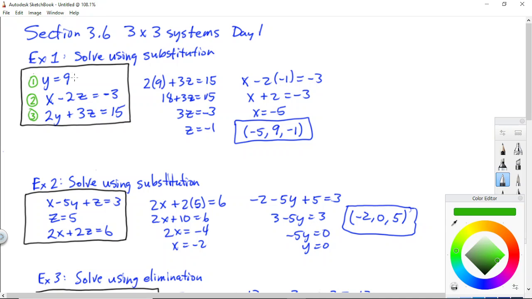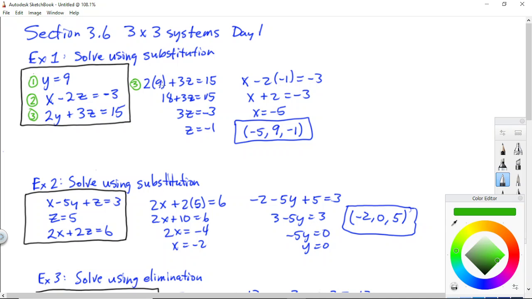So we can substitute, and we will substitute into equation 3, which is down here. We rewrote equation 3, 2y plus 3z equals 15, but we put in 9 for y. So 2 times 9 plus 3z equals 15, since we know y equals 9.